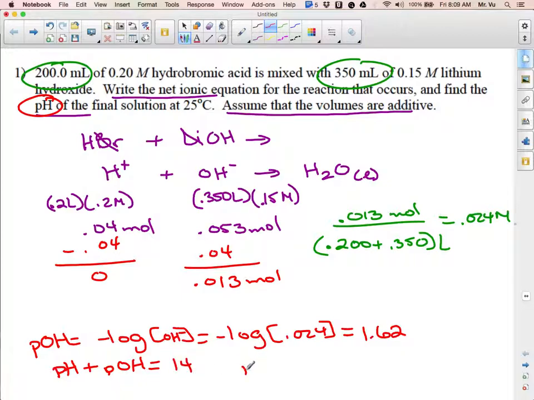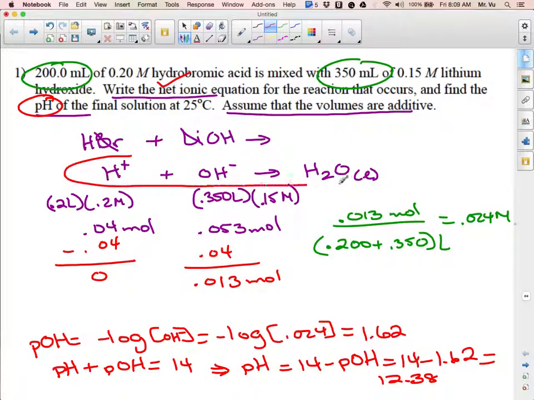So that means the pH is equal to 14 minus the pOH, which is 14 minus 1.62, which is equal to 12.38. Okay, so I have written the net ionic equation right there, and I have found the pH of this solution right there.